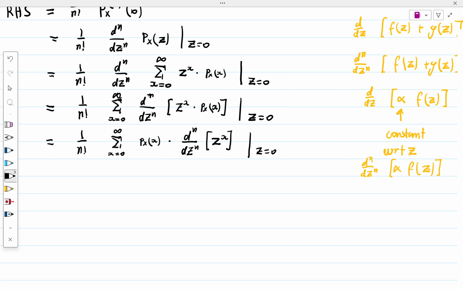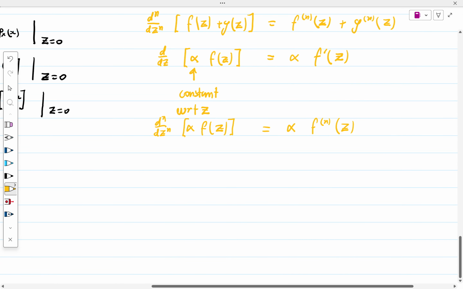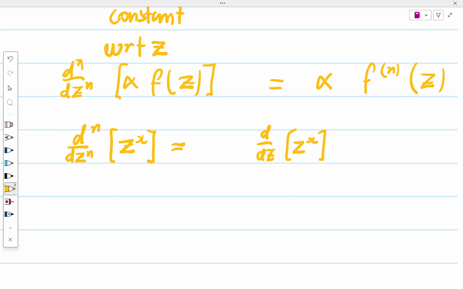Now, we want to come up with an expression for the nth derivative of z to the x. So I'm going to do that on the side here. We can think of this as first taking the derivative of z to the x, but then taking dn minus 1 on dz n minus 1, that is n minus 1 more derivatives after taking one derivative.